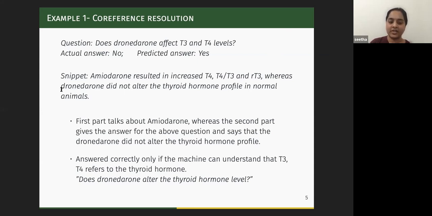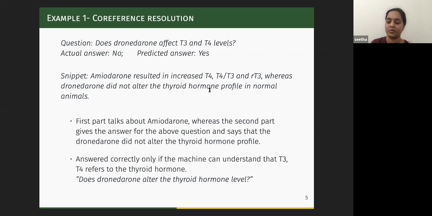But the question is about dronedarone. So the machine cannot answer this question correctly unless it understands that T3 and T4 specifically explain thyroid hormone levels, because for dronedarone the snippet gives the thyroid hormone profile directly, but not the T3 or T4 hormone level.